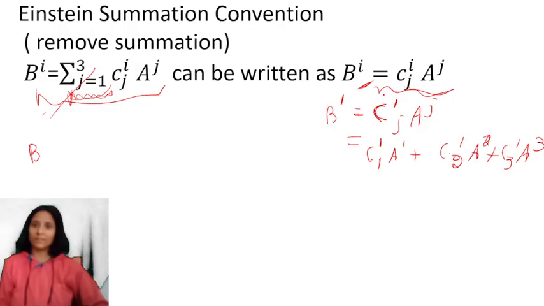It does not mean that you don't have to sum. You have to sum, but you don't need to write the summation sign. While doing calculation you have to do the summation if there is one superscript and one subscript. Okay, that's the Einstein summation convention.